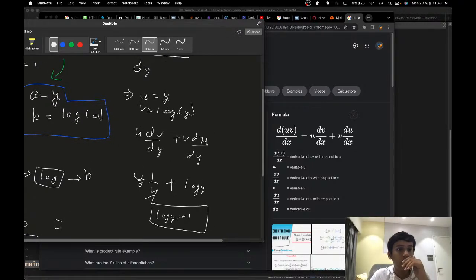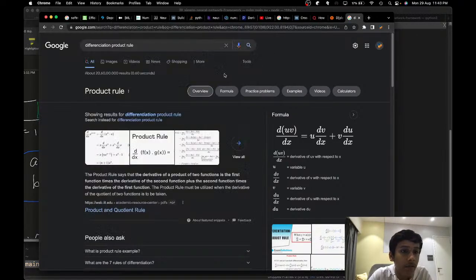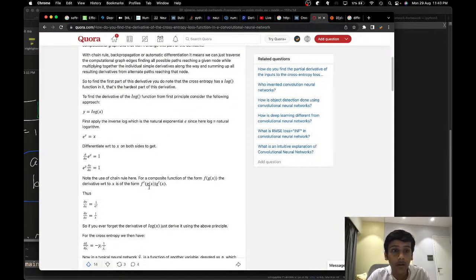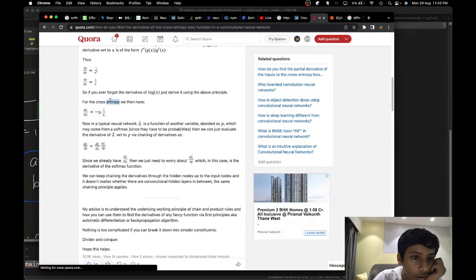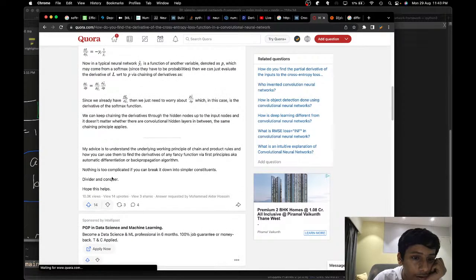But what about this? This is y hat. Damn it, this is such a pain. I don't even think we're gonna be able to implement this much. Y hat cross entropy, then we have that. What is the final answer?